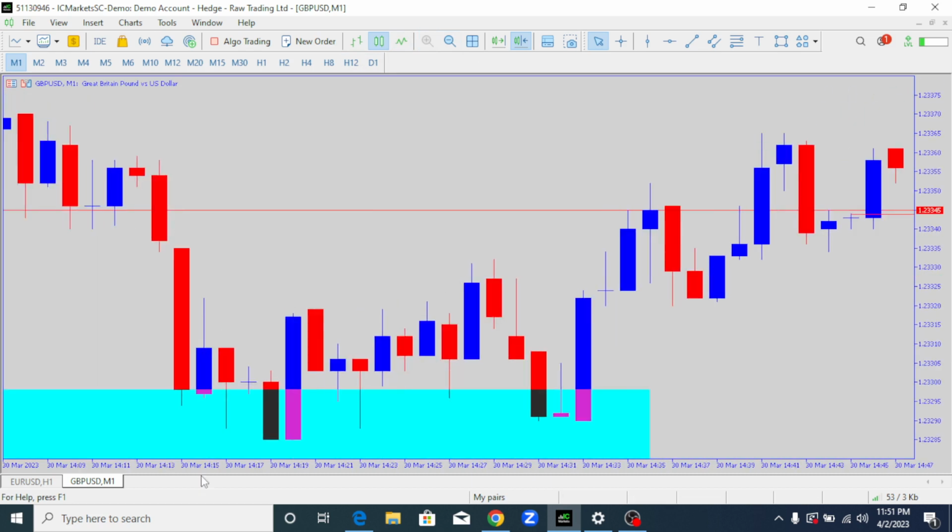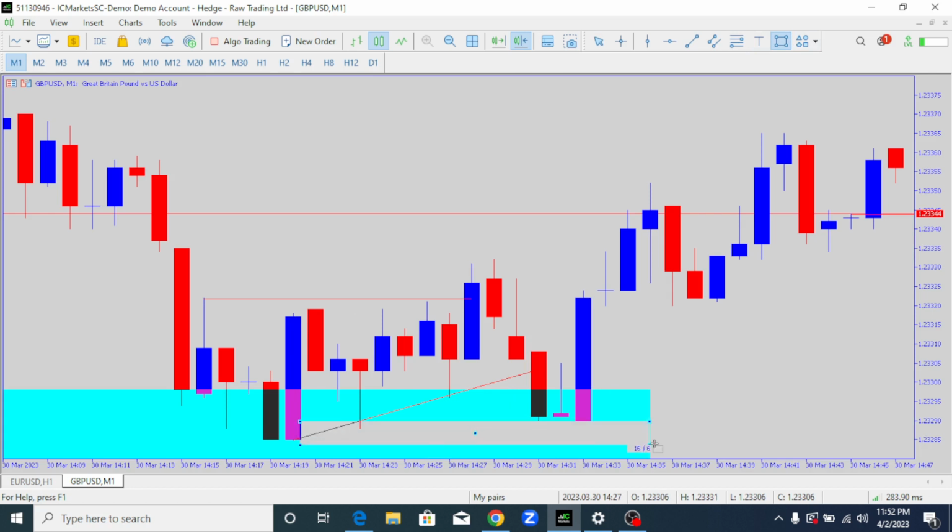So I saw this high, it was taken out, and I noticed this momentum trend line, and I knew that the price was going to manipulate this trend line, and I was analyzing with one of my friends. So I stated that around this area, exactly around this area.